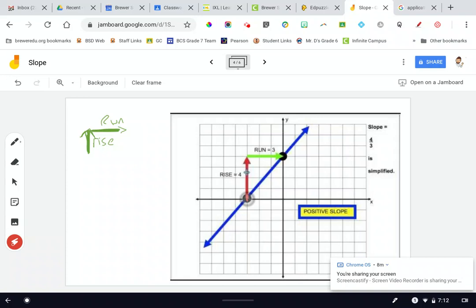Going from this dot up, I'll mark it: 1, 2, 3, 4 blocks up, and then over 1, 2, 3 blocks over. You have to go up 4 and then over 3 until you get to the next dot.